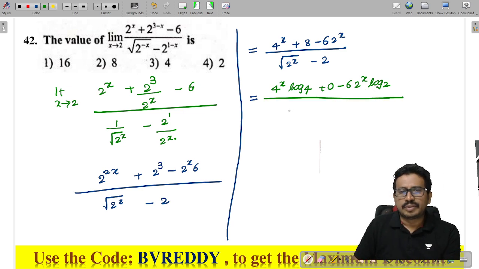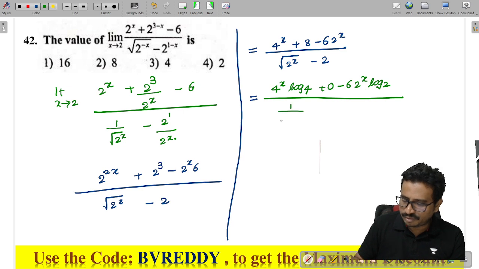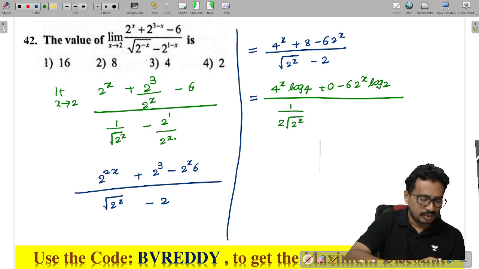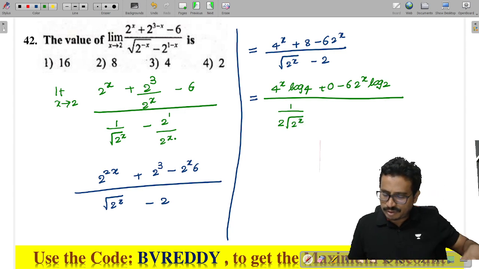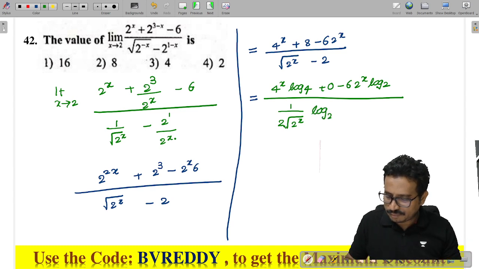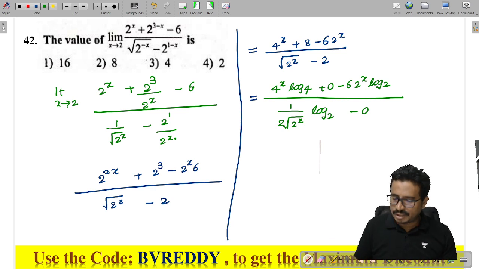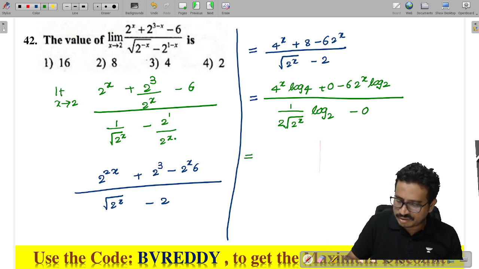Now the derivative of the denominator root 2 power x gives 1 by 2 square root of 2 power x, into log 2, minus 0. Now log 4 we can write as 2 log 2.